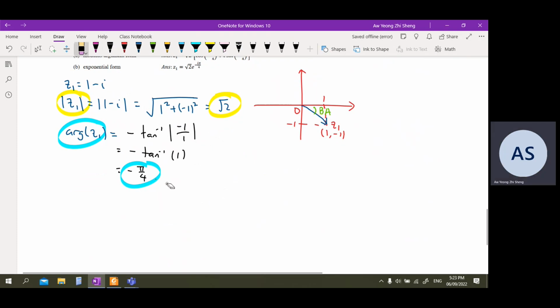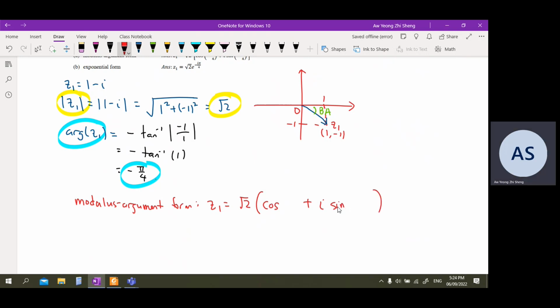Okay, so with r and theta in mind, we can then write the modulus argument form. It will be z1 equals r, which is square root of 2, bracket, always cos theta plus i sine theta.